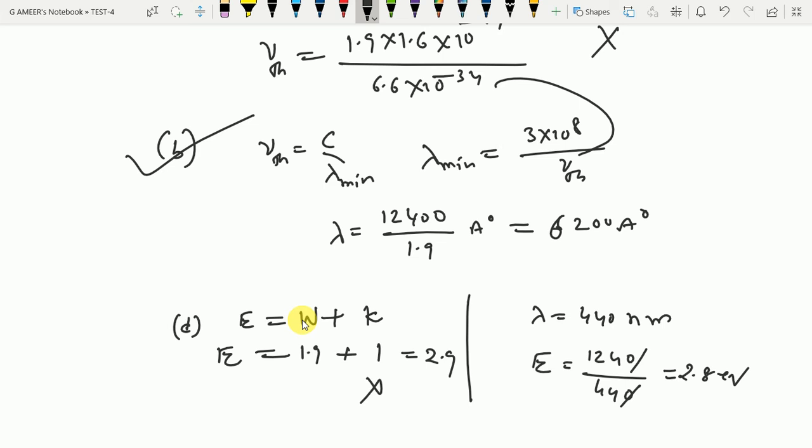So only D is coming; our closest answer is only D. Anyway, I'll give both B and D, since both are very close to the answer. Strictly speaking only D, but we'll consider B also. This much accurate calculation is difficult within 1 minute. Okay, so let us go for 22.